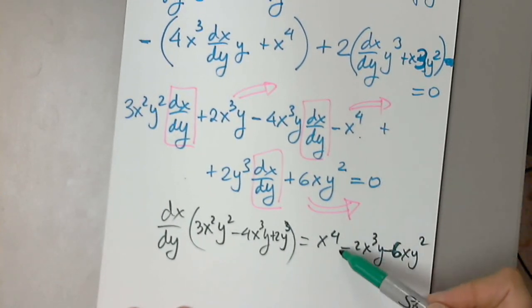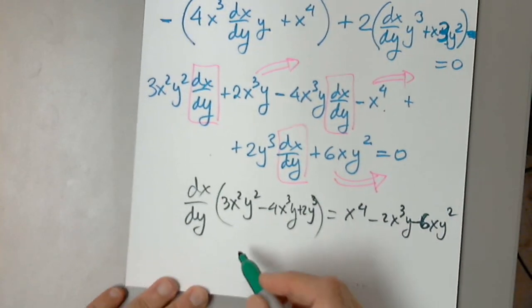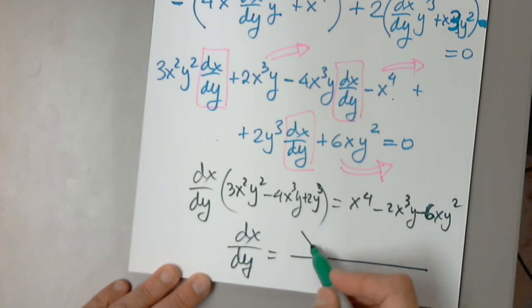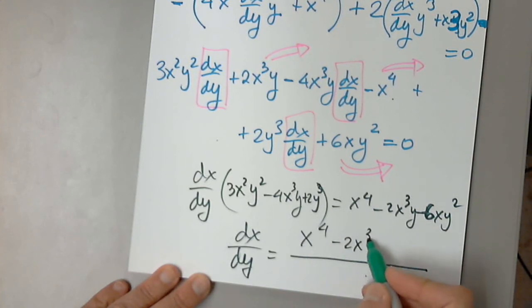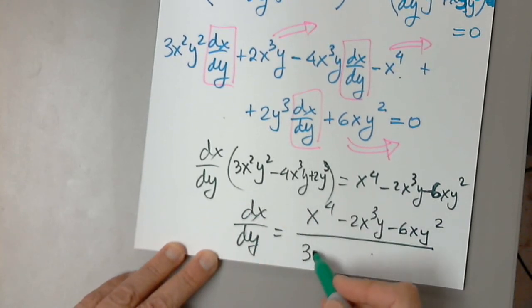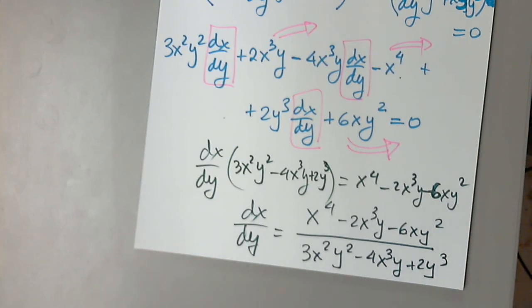I put this one first because it's positive, then I'll move this one to negative and this one is negative. So then finally dx over dy is x to the fourth minus 2x cubed y minus 6xy squared over all this: 3x squared y squared minus 4x cubed y plus 2y cubed. Is this better? Absolutely, yeah.